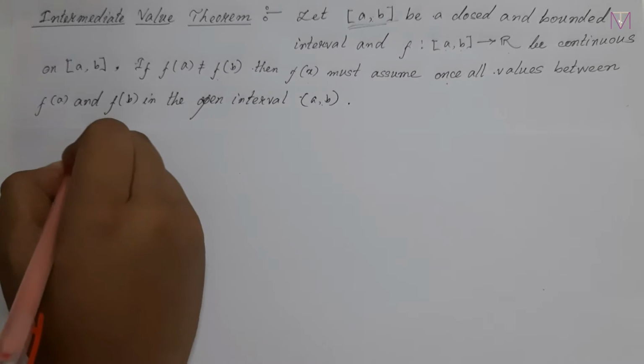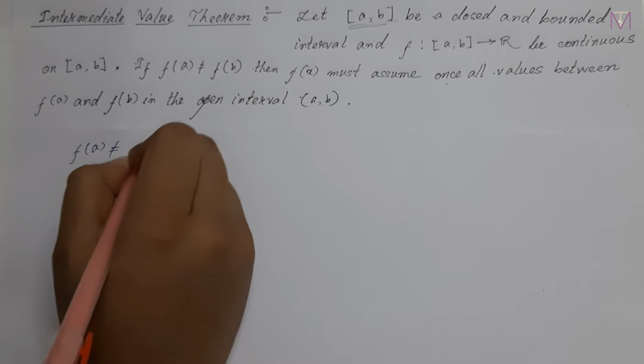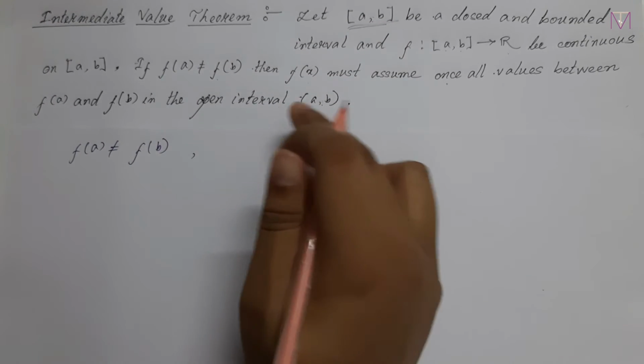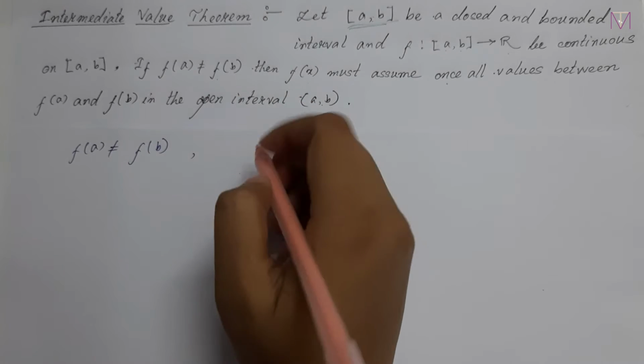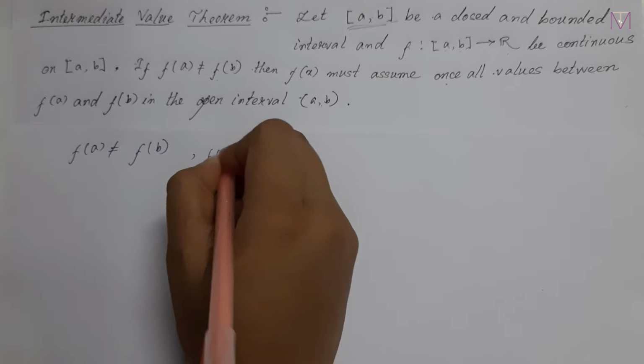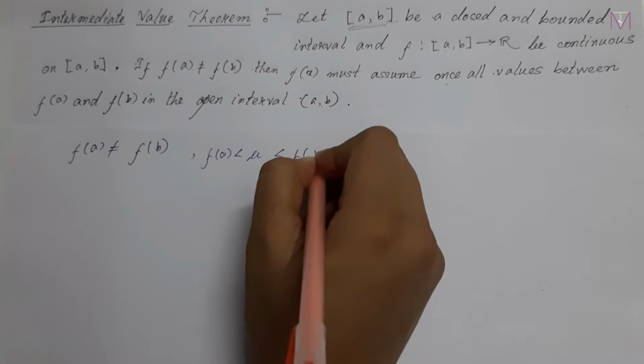Here, given that f(a) is not equal to f(b), we will get one point between f(a) and f(b). Let the point be mu.